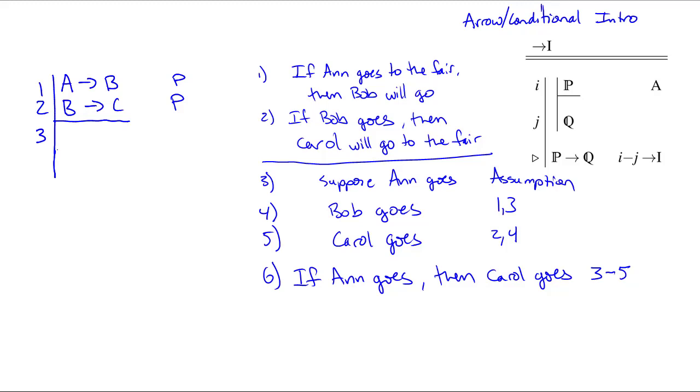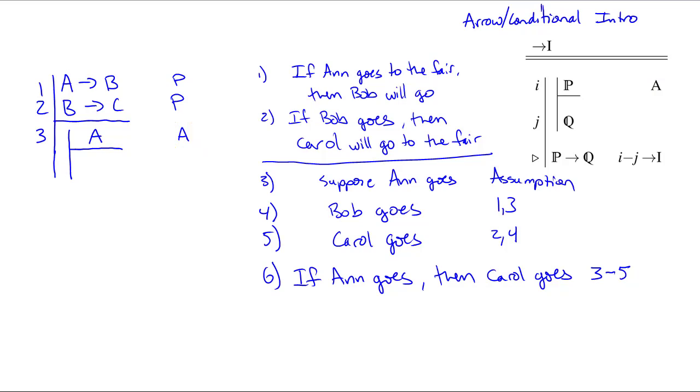We don't know that any of them goes, but we do know that there's an interrelationship between one and the others of them going. Now, in order to prove that if Anne goes, then Carol goes, A arrow C, we need to assume that Anne goes. We mark it with an A as an auxiliary assumption.